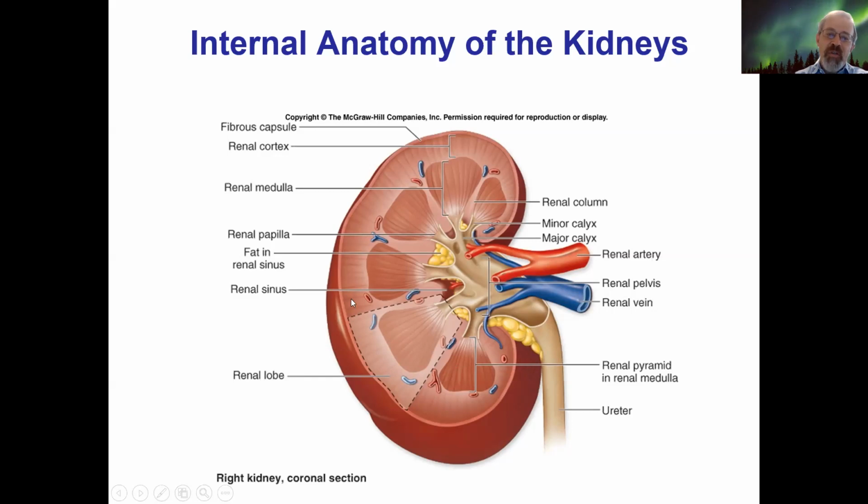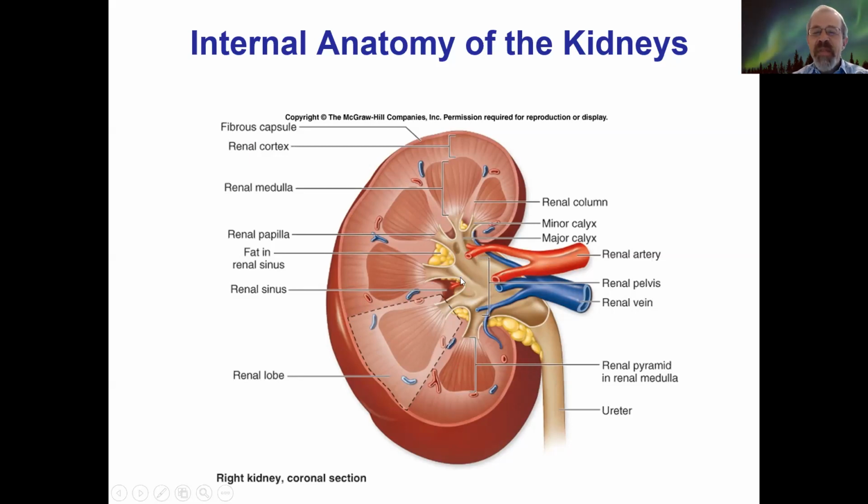As urine is formed, it travels from the cortex to the medulla into these little openings that I'm pointing out right here that are known as the minor calyces. Each of them is called a minor calyx. And each minor calyx empties into what's known as the major calyx. So these are all minor calyces, and they empty into the major calyx.